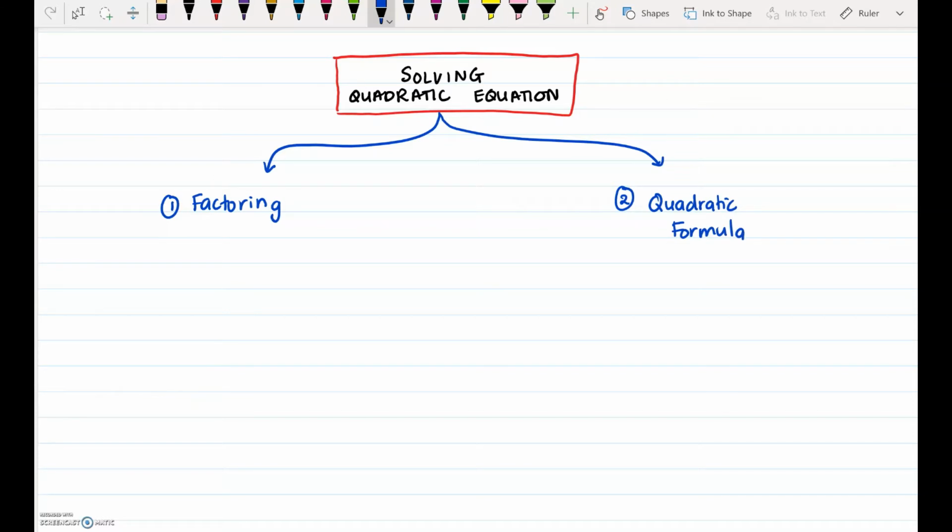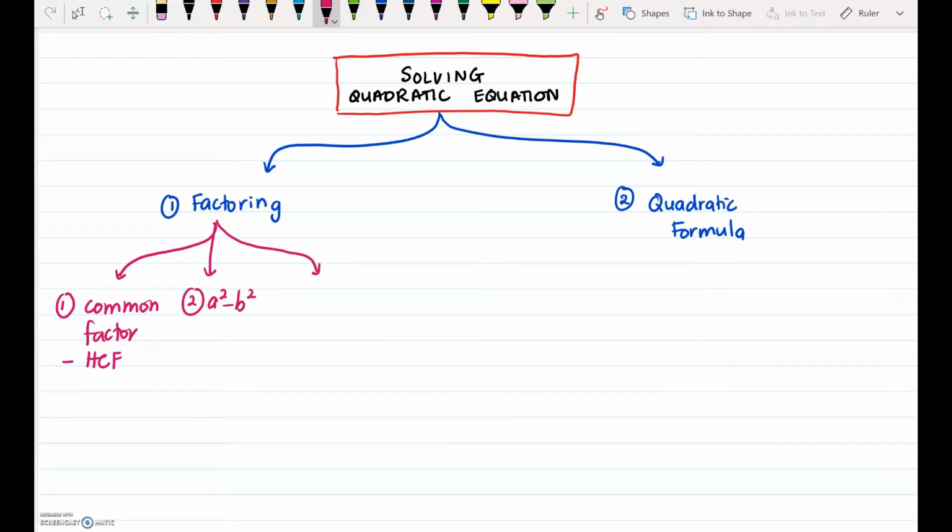So for factoring, you have three cases that you need to consider. The first one, you have the common factor, yang menggunakan highest common factor tadi. Secondly, dalam bentuk a squared minus b squared, which is equal to a plus b and a minus b.